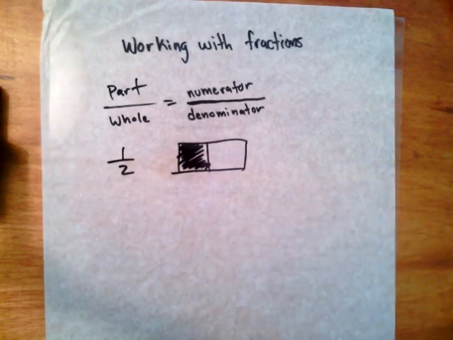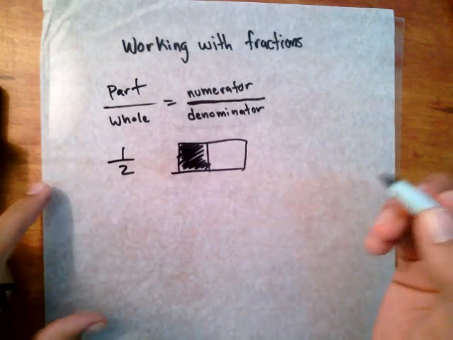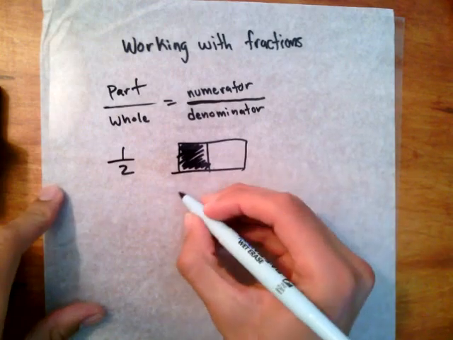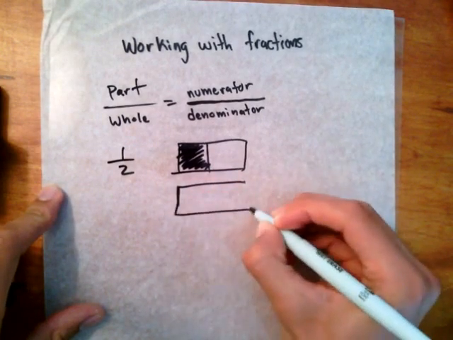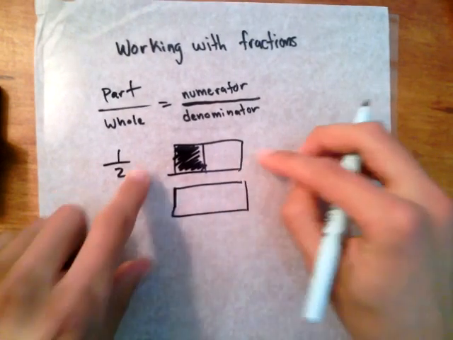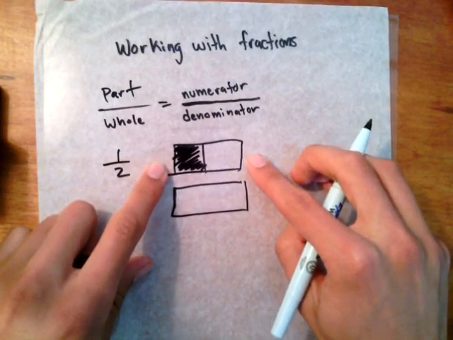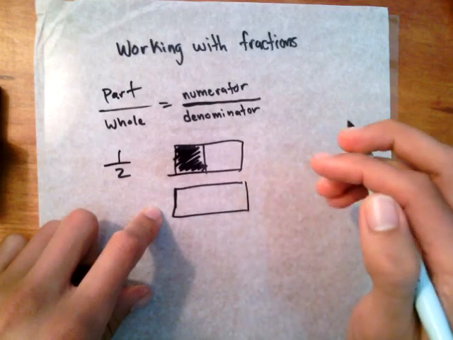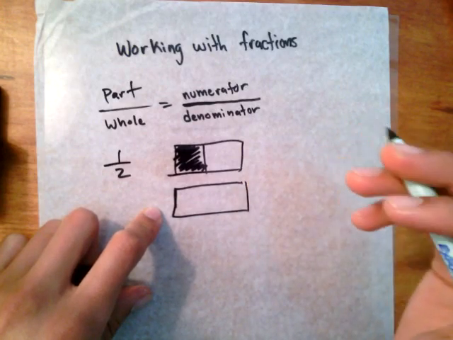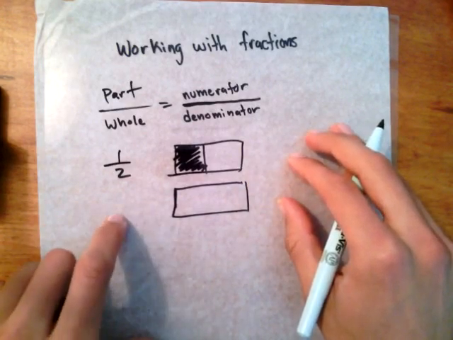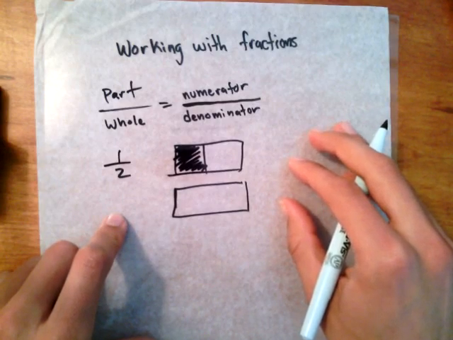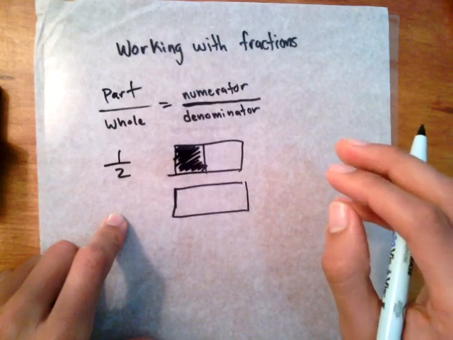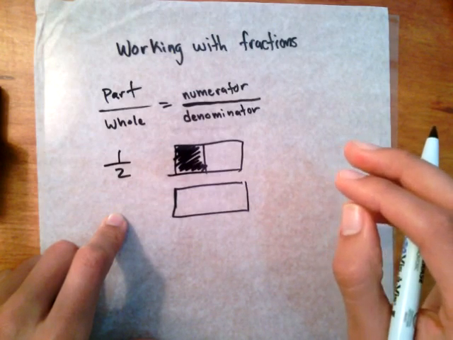Now, to build up from this, let's say we were to break this rectangle that we started with into smaller but equal quantities. The reason why we're doing this is in order to establish an equivalent fraction.